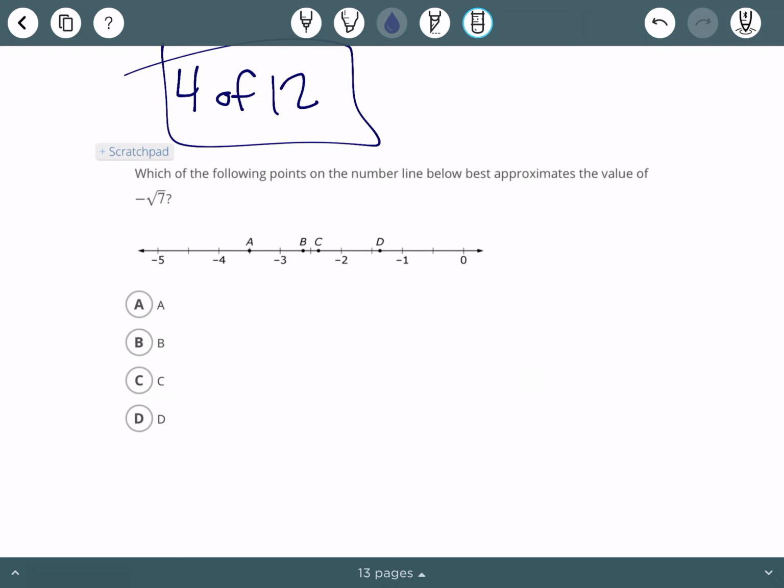It doesn't have to be exact, but it does need to be the one that is closest. So which one would be closest to the actual value? Again, this one is multiple choice, so you're either selecting point A, point B, point C, or point D.